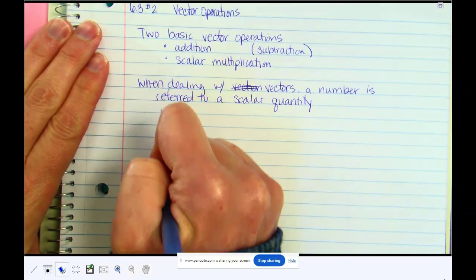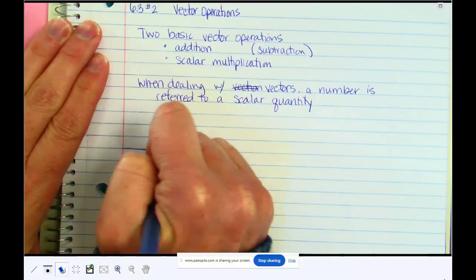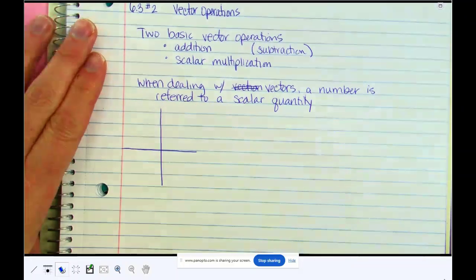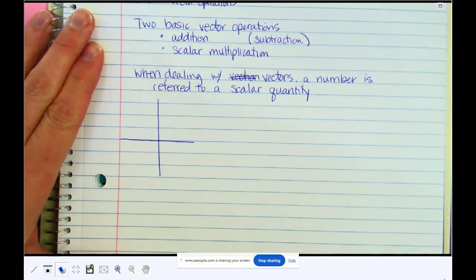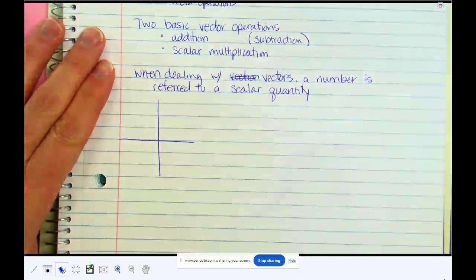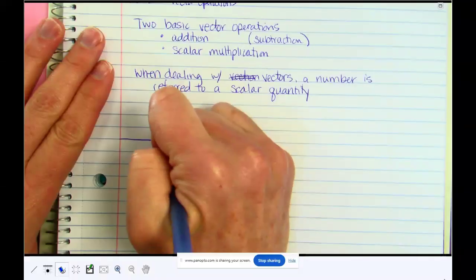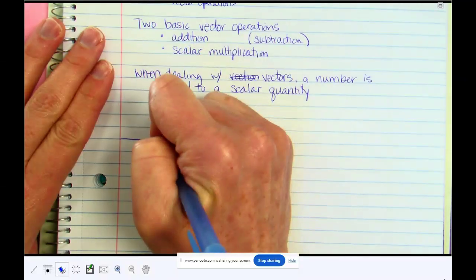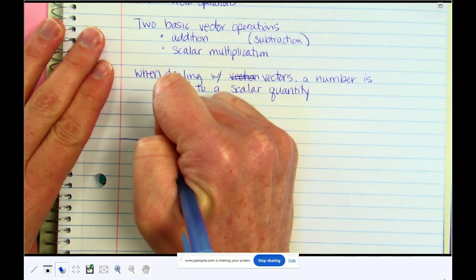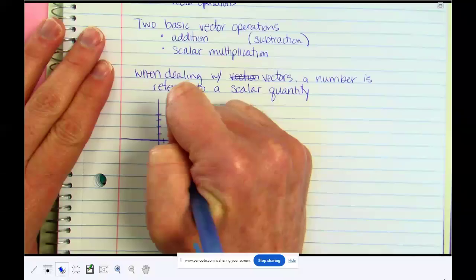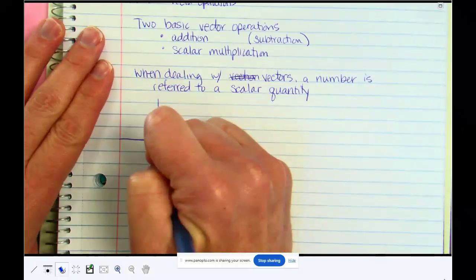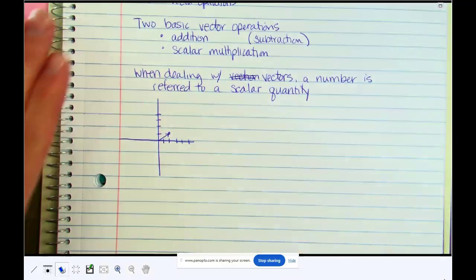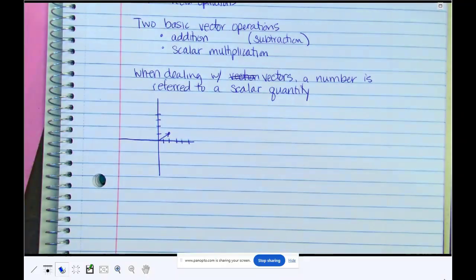So let's say, this is really easy. I know that the word scalar is weird. You're like, wait a second, this is supposed to be easy. This is easy. Okay, so let's say we have the vector. I want to make them decent size here so that we can see what we're doing, but not terrible. So if this is our vector in component form, right?